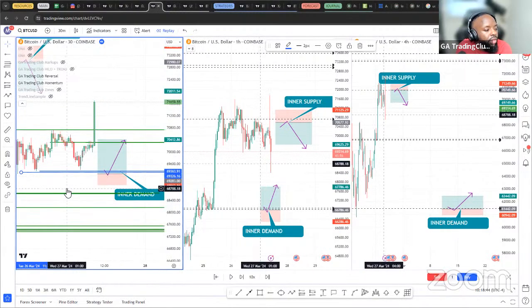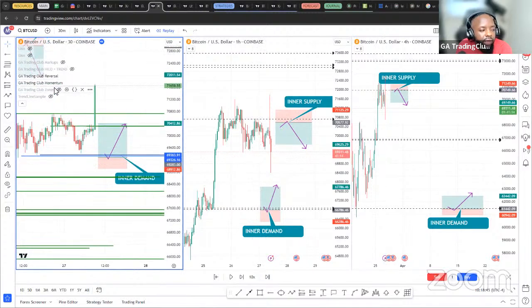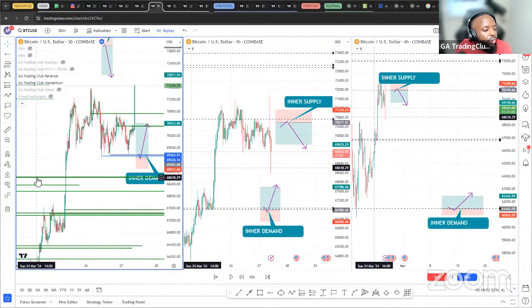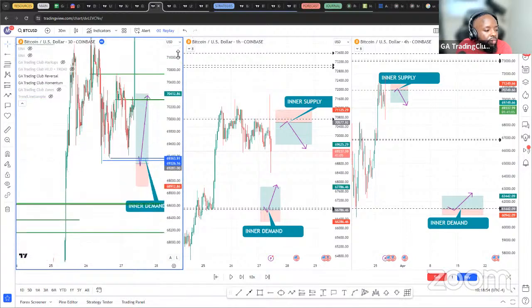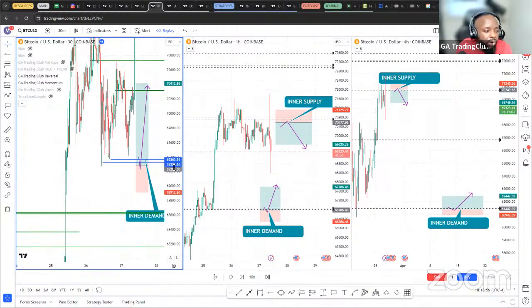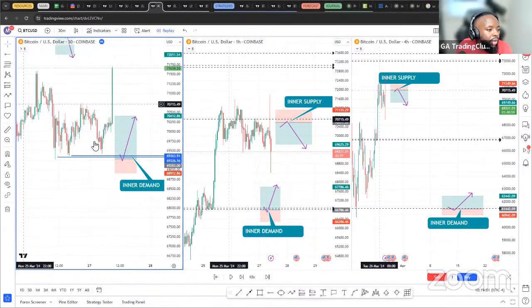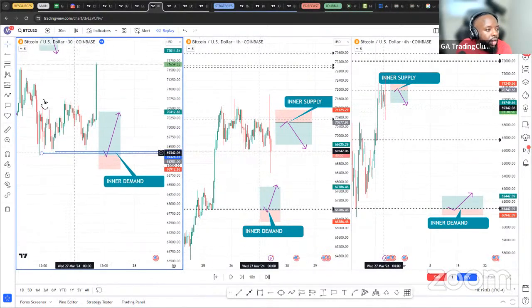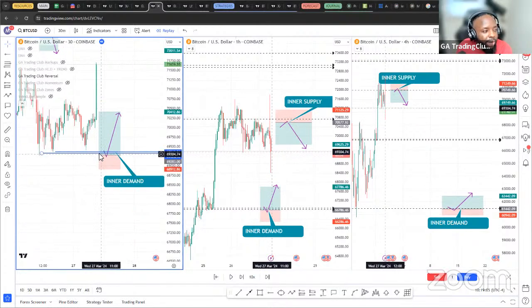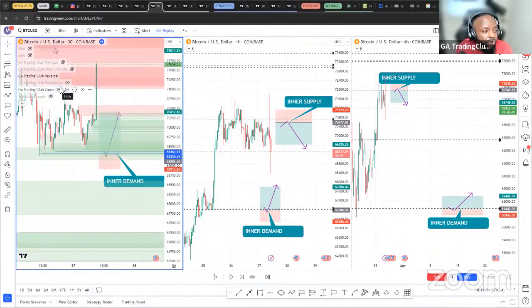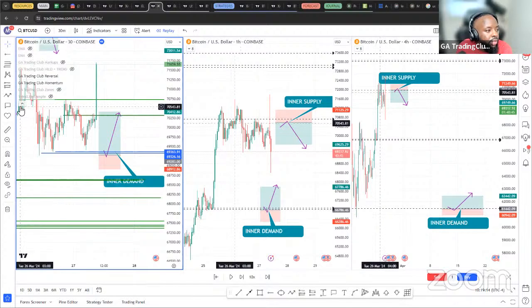If you turn on the momentum or any indicator that has the SARs configured, you see this zone right here, which is 68,646, that had like a double SAR, right? Part of the idea here, and again, I'm still backtesting this, is if this is your inner demand zone, and this is for BTC, I haven't looked at gold and US30, mostly for BTC because of how fast paced it is.